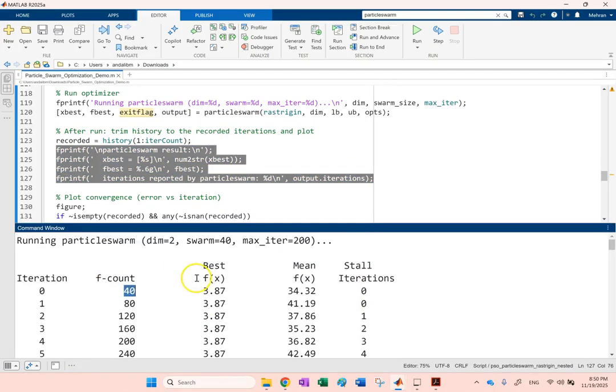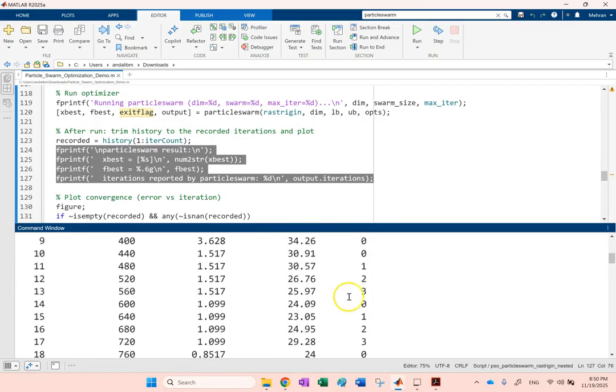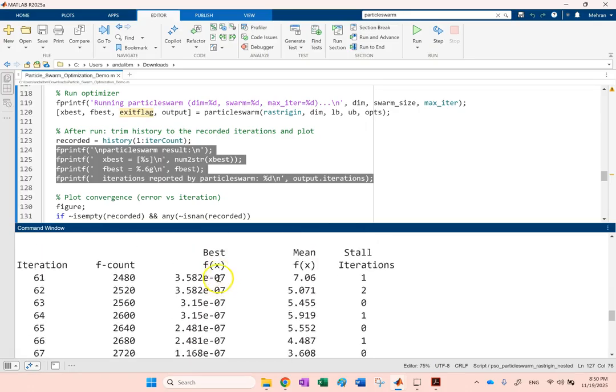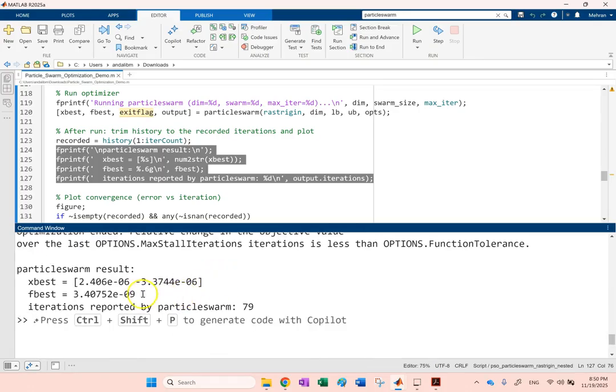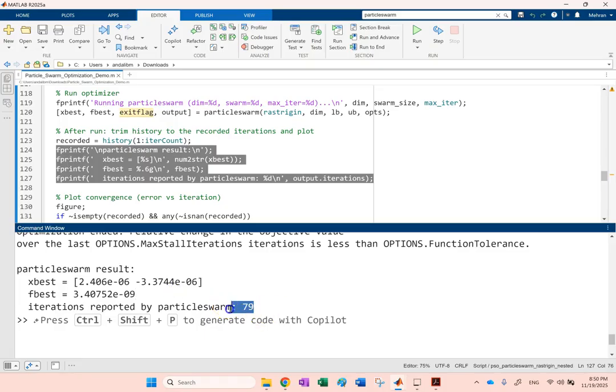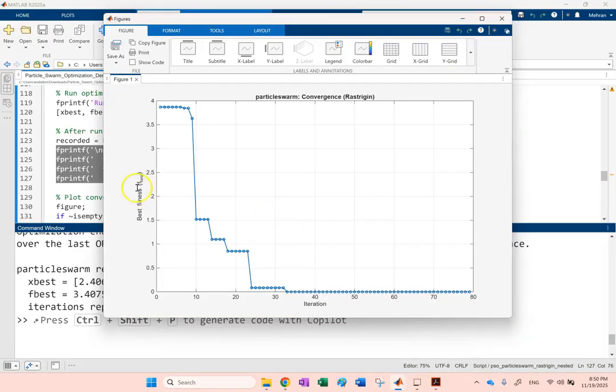You have the best value, you can get the min, you can get so much extra information, but at the end of the day, it says, hey, this is X best, this is F best, and I got it in 79 iterations, and this is your plot here.